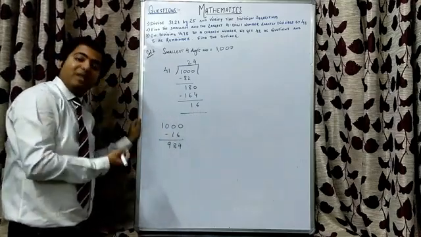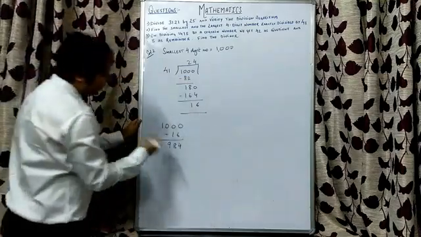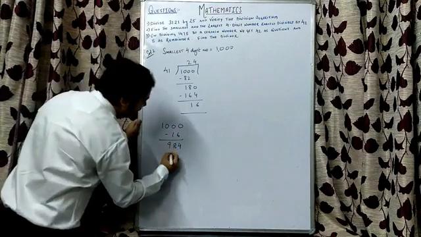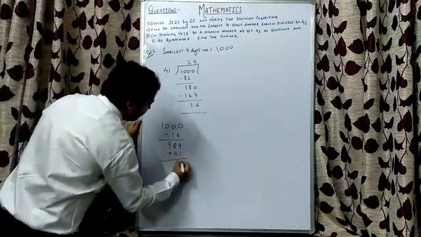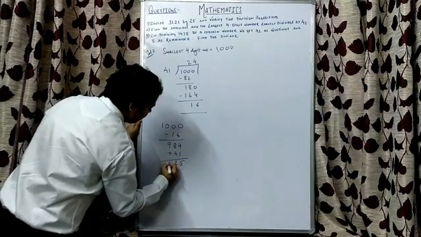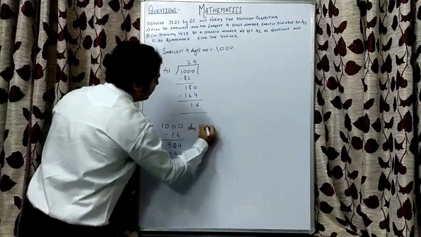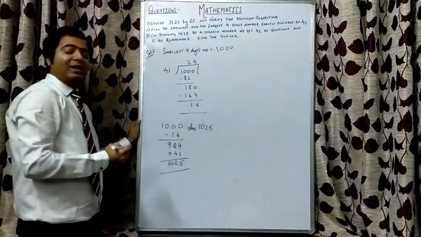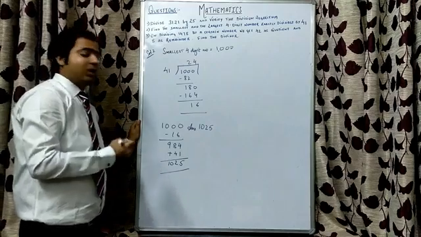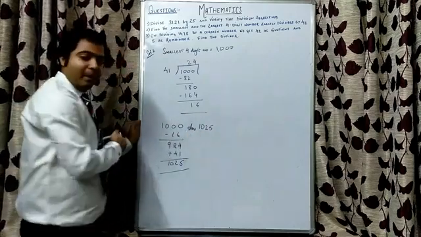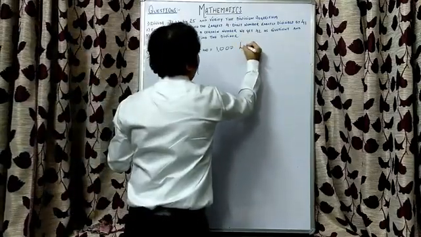No, it is a 3-digit number that is divisible by 41. So therefore what we need to do is add the divisor to this, that is 41. It will give me 1025 as our answer. So 1025 is the smallest number that is exactly divisible by 41 and it is a 4-digit number.